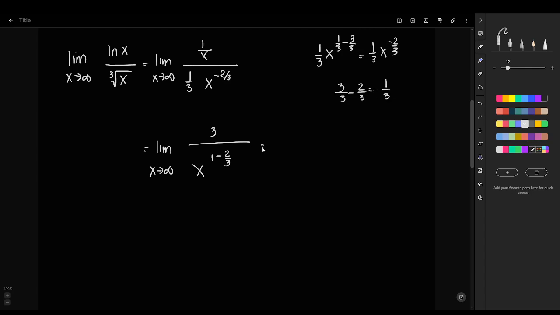So this is the limit as x approaches infinity of 3 over the cube root of x, right?